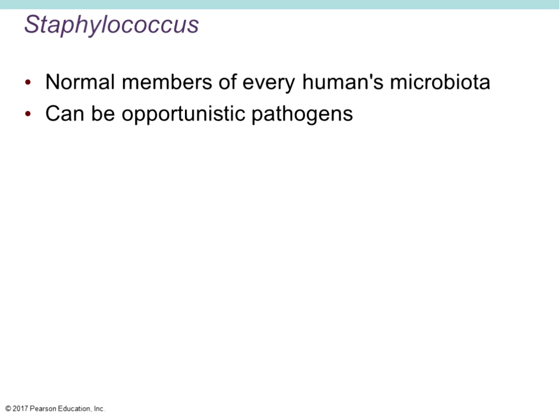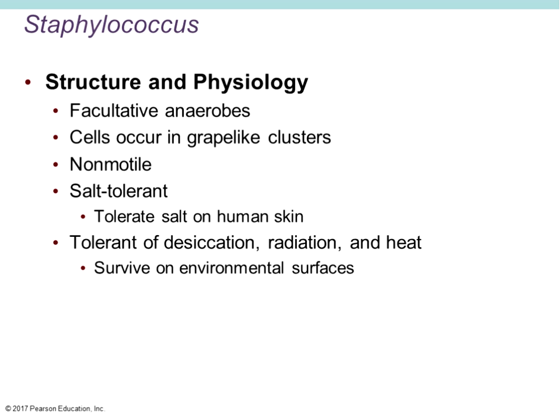Now, one reason why Staphylococci is a good bacteria for your normal flora is that it can tolerate really high salt content. So for Staphylococcus, the structure and physiology, I'm going to blow out my little sunburst here because these are some things that I believe are really important. They are what we consider facultative anaerobes.